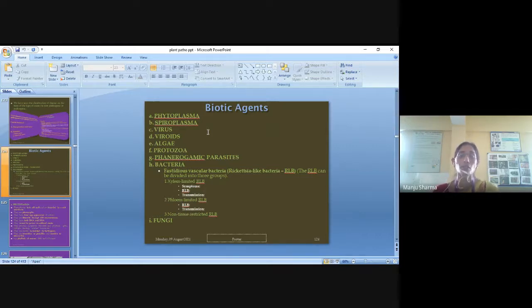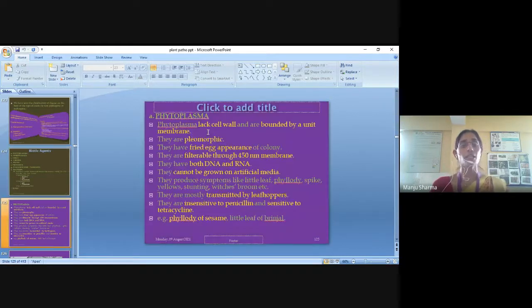The fastidious vascular bacteria, that is rickettsia-like bacteria (RLB), can be divided into three groups: xylem-limited RLB, phloem-limited RLB, and non-tissue restricted. First are the fungi and the diseases caused by them.